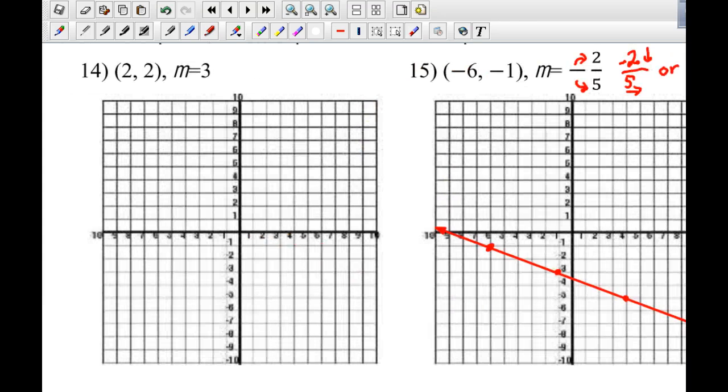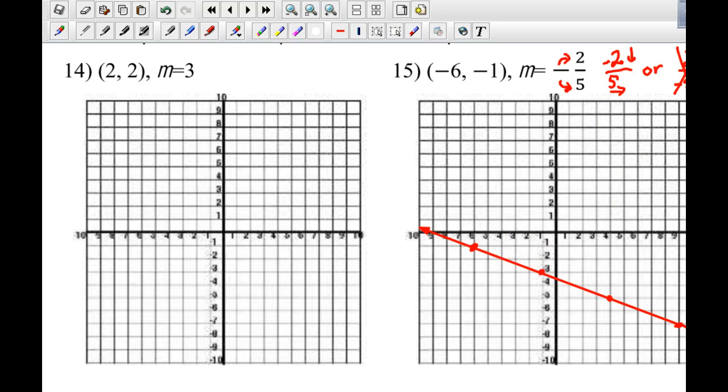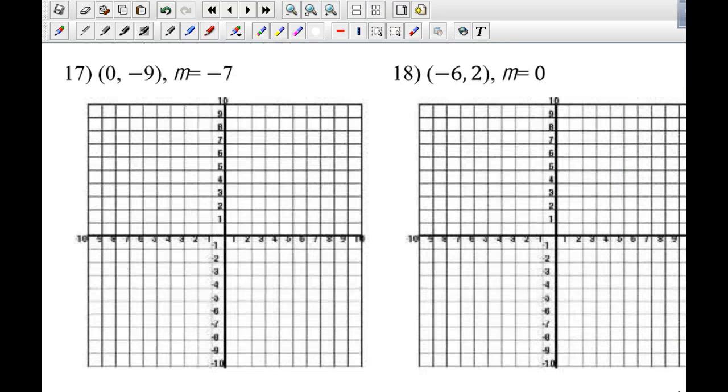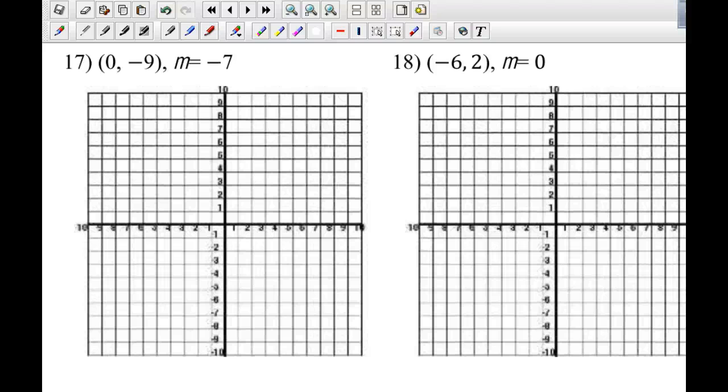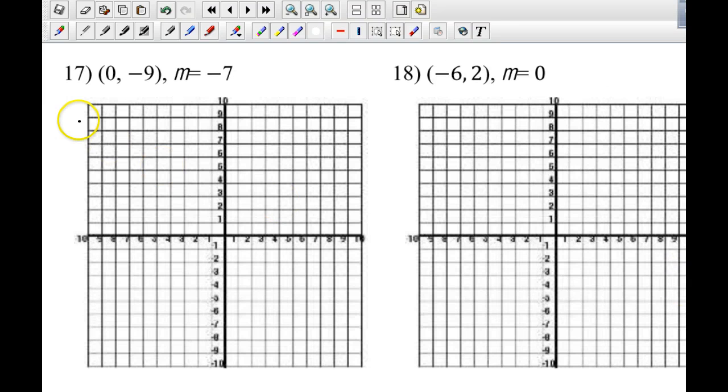All right, going down to, I think we did 17 together yesterday. Yep. But just to reiterate, start at 0, -9, and if you try to go down 7 and right 1, remember if there's no run, it's automatically a positive 1 underneath.